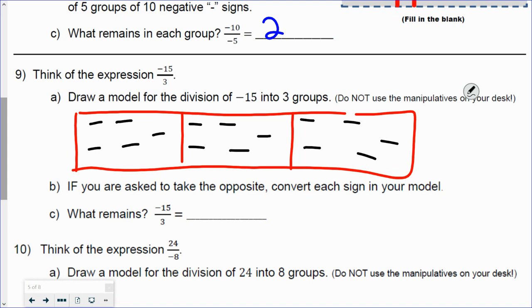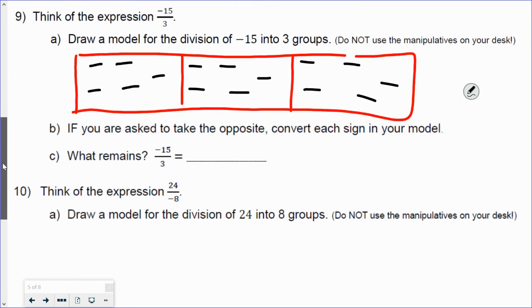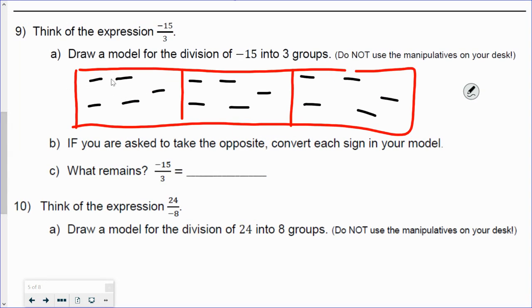Okay, but what if I was asked to convert to the opposite? If we were asked to convert to the opposite, we would actually have positive, but we are not. If we have a positive here, then we keep our negative up here.